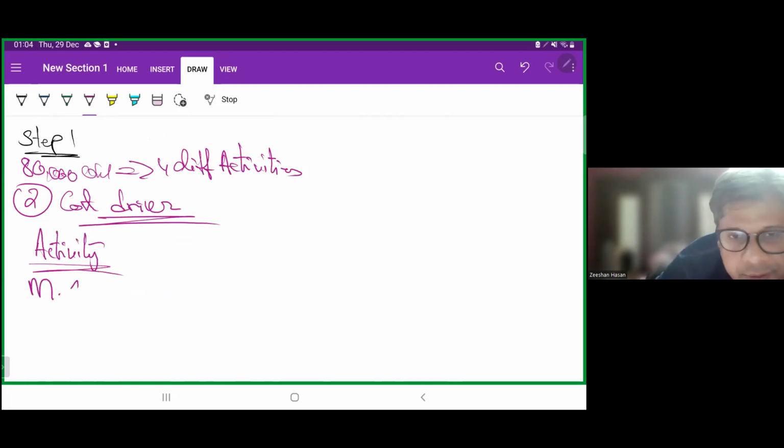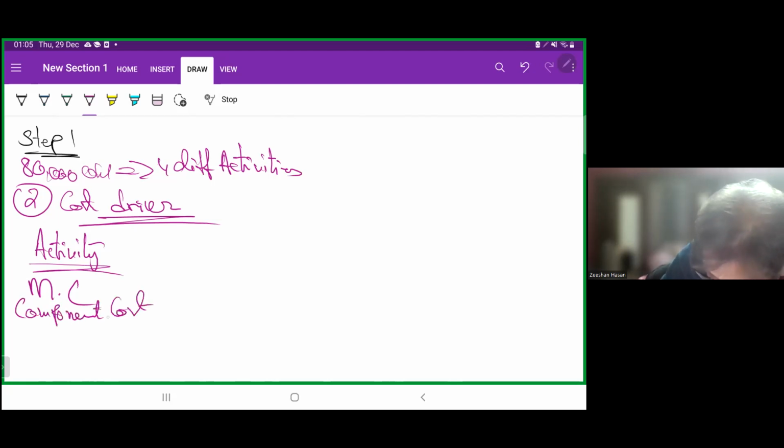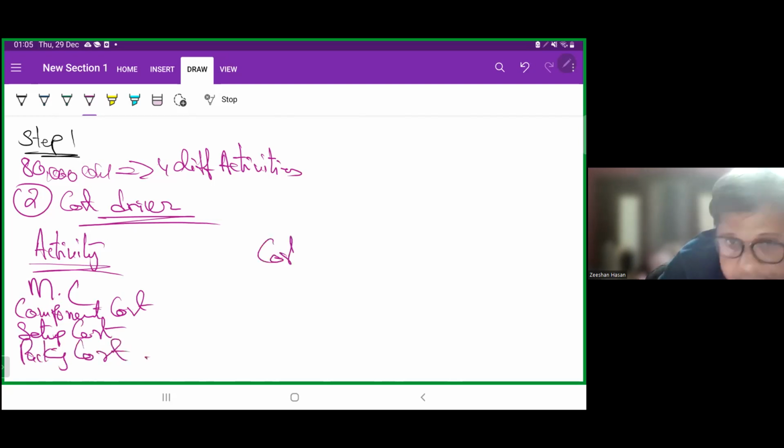I'm writing in short form, but you can't write in short form in the exam. The component cost is another activity. Setup cost is another activity. Packing cost is another activity.